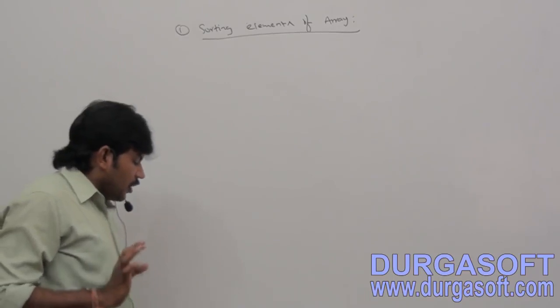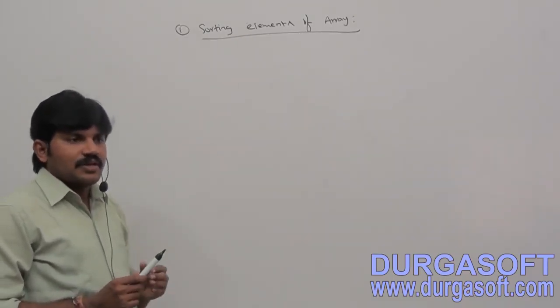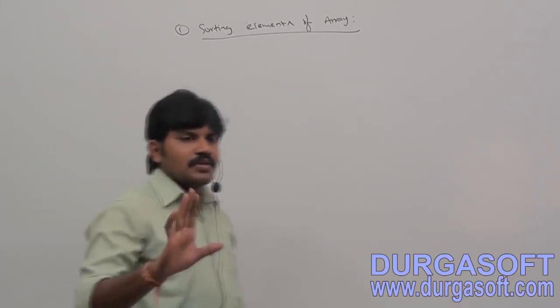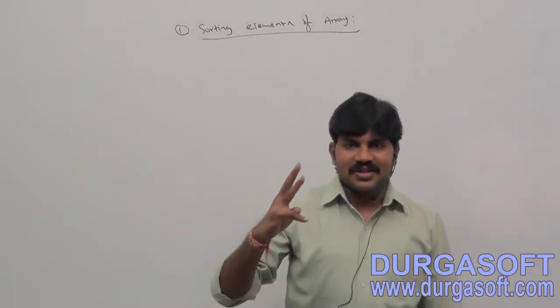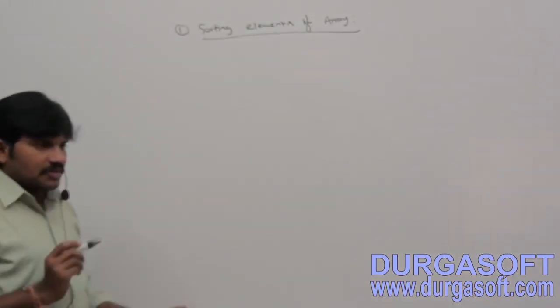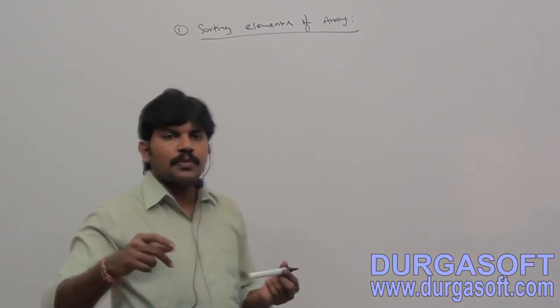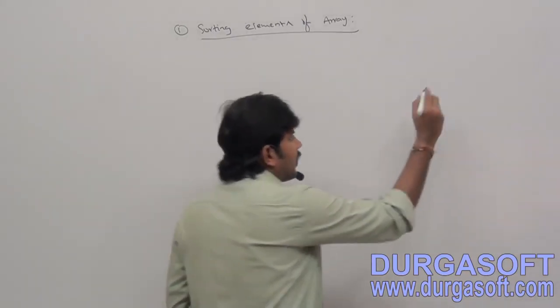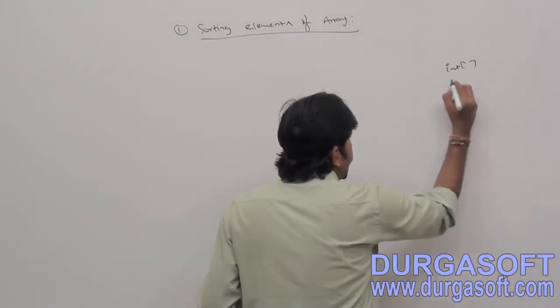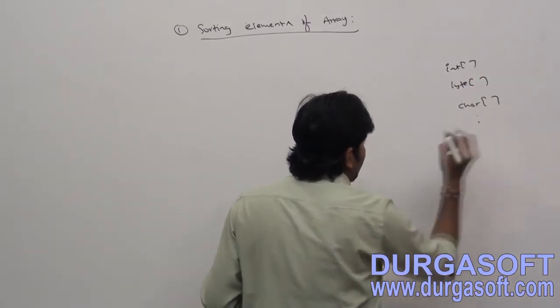Now how can we sort? Simple. The Arrays class defines several sort methods. Of course, three sort methods are there. What sort methods? One sort method for primitive type arrays. Which are primitive type arrays? An int array, byte array, char array, like that.